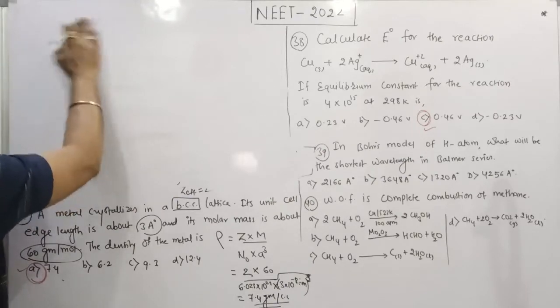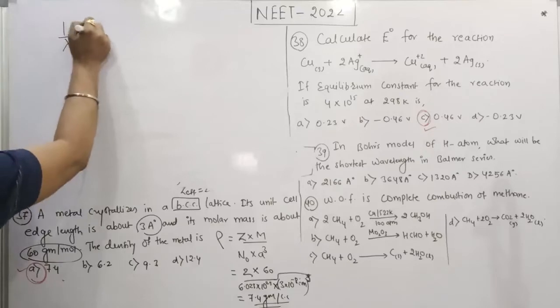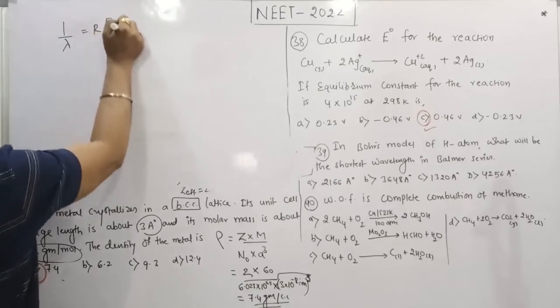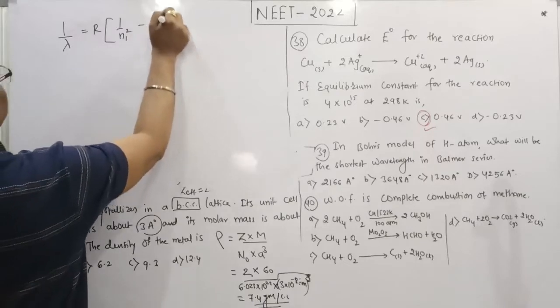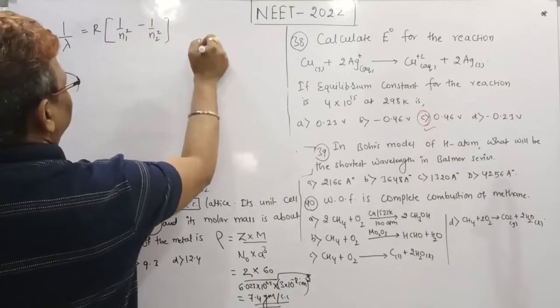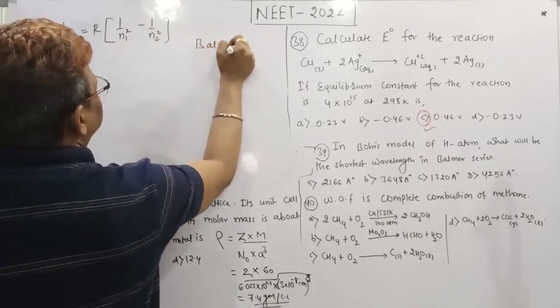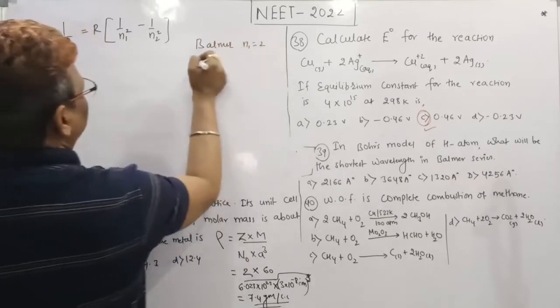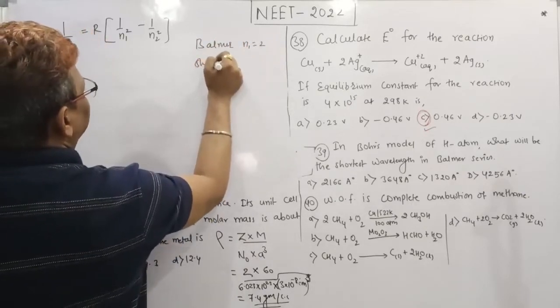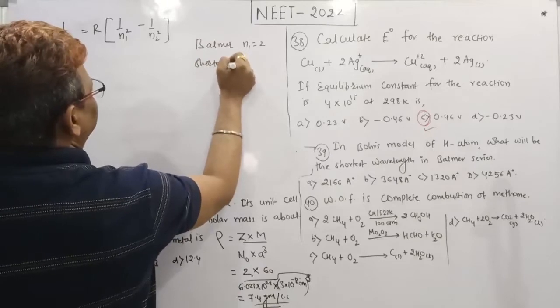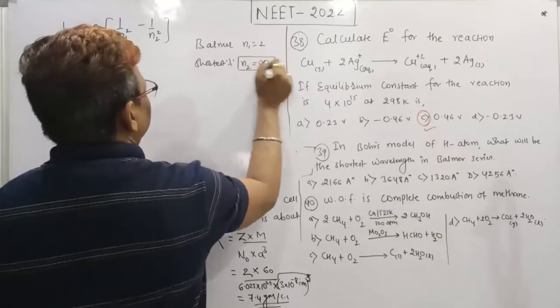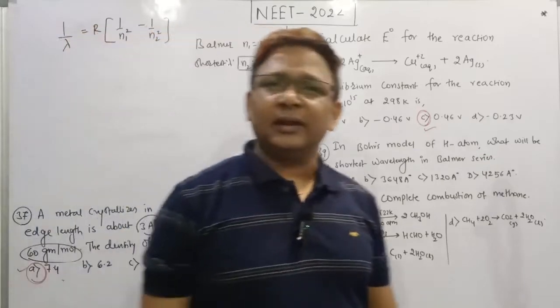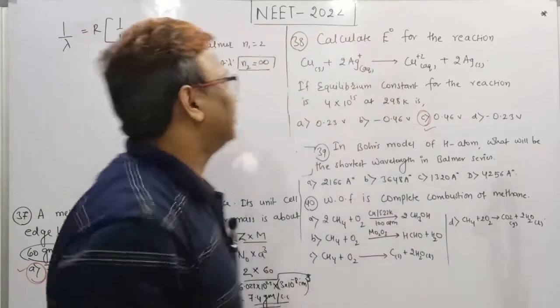As they are asking wavelength, 1 by wavelength equal to R into 1 by n1 square minus 1 by n2 square. But if the series is the Balmer series, your n1 value should be 2, and if it is the shortest wavelength, your n2 value should be infinity. Yeah, beta. For the shortest wavelength of any series, the n2 value should be infinity.